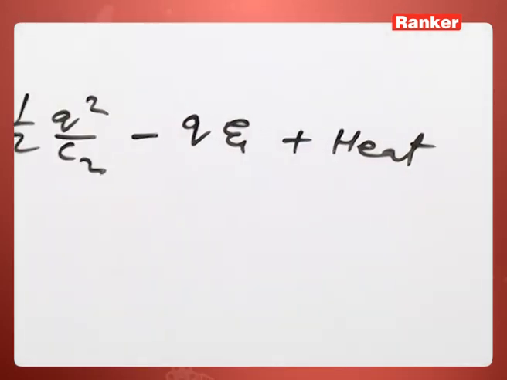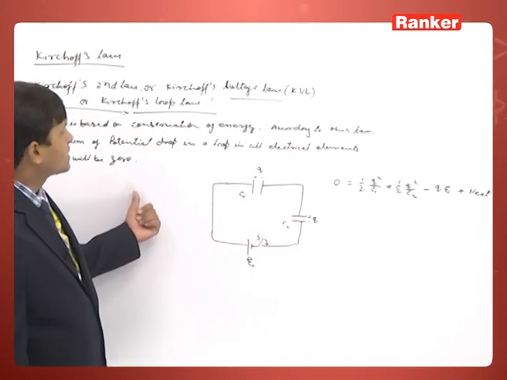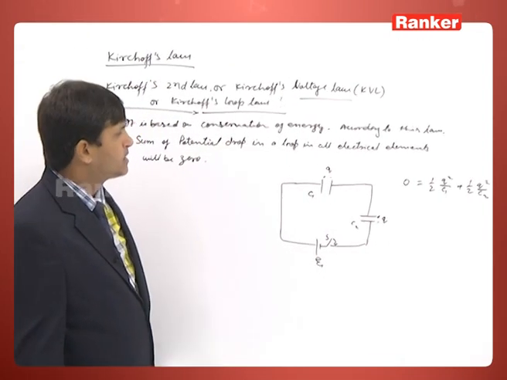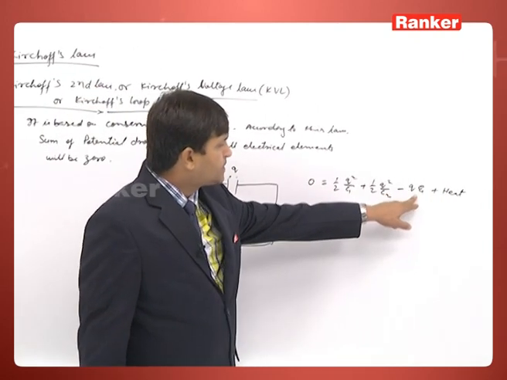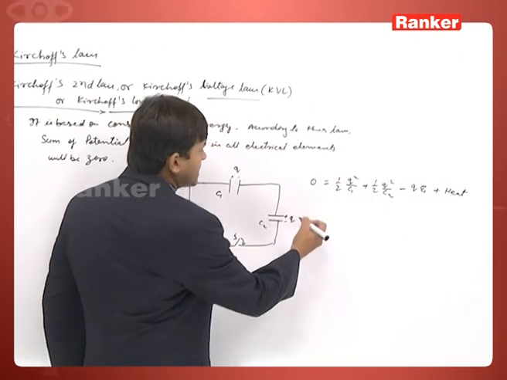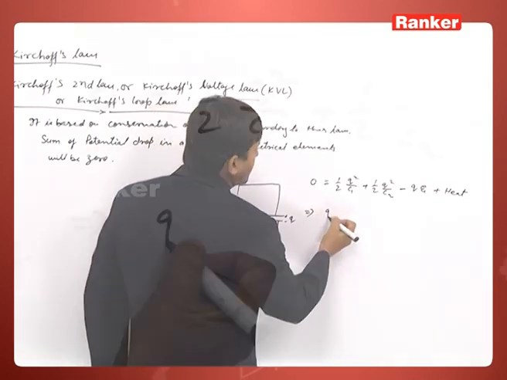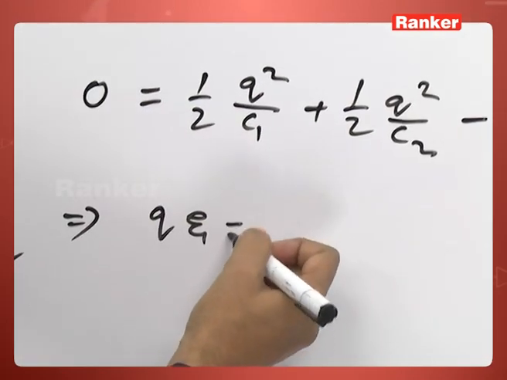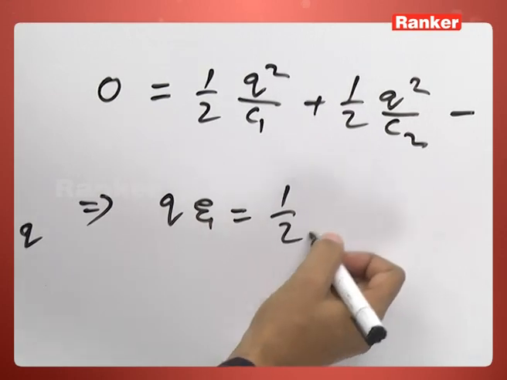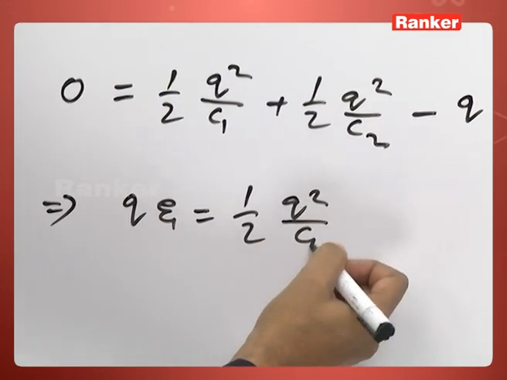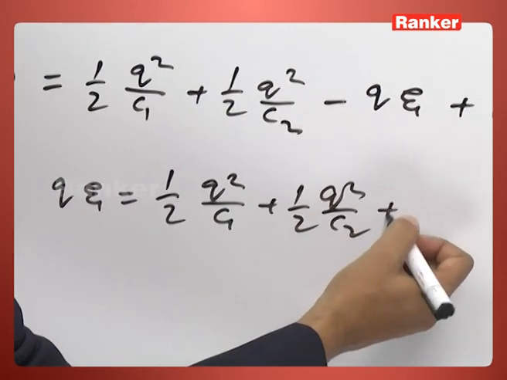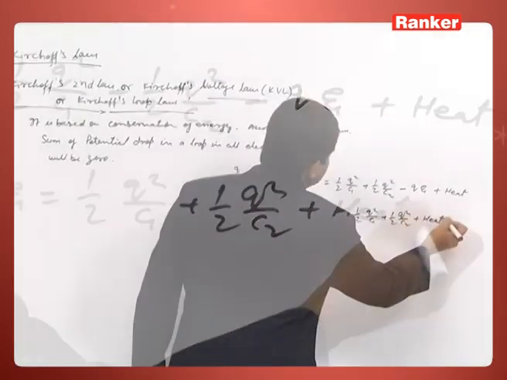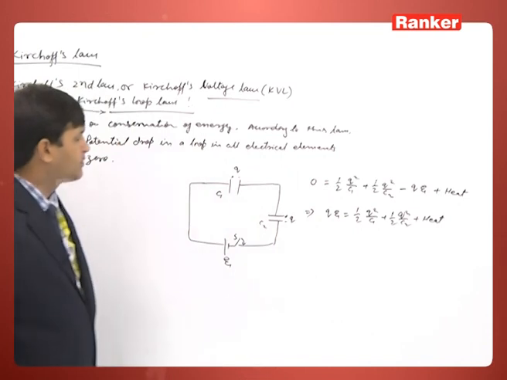Actually, this is the meaning of conservation of energy. So whatever the work done by the battery, from here we can say work done by the battery, QE, is equal to half Q square by C1 plus half Q square by C2 plus heat. This is the meaning of conservation of energy.